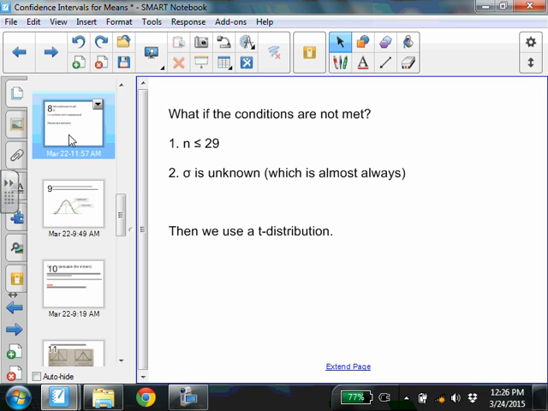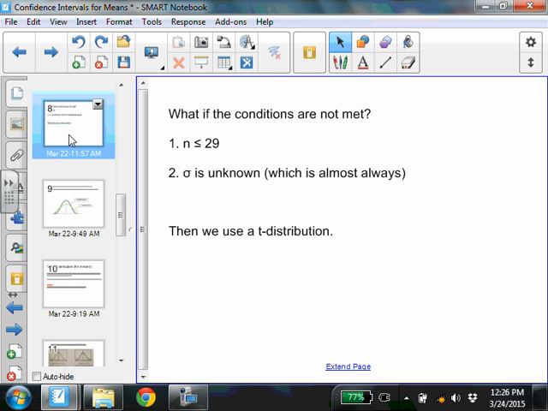Therefore, whenever we're calculating a 90, 95, 99% confidence interval, we can operate under the normal model and know that our sample mean is going to be 95% of the time within 2 standard deviations of the population mean, right?